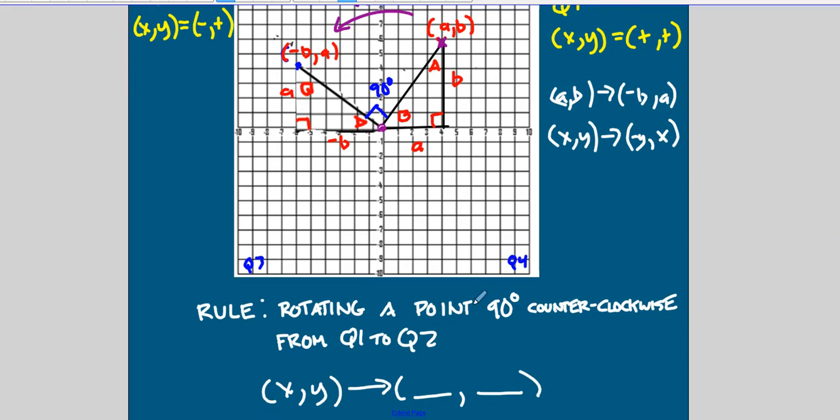Rotating a point 90 degrees counterclockwise from Q1 to Q2, XY becomes negative Y, X.